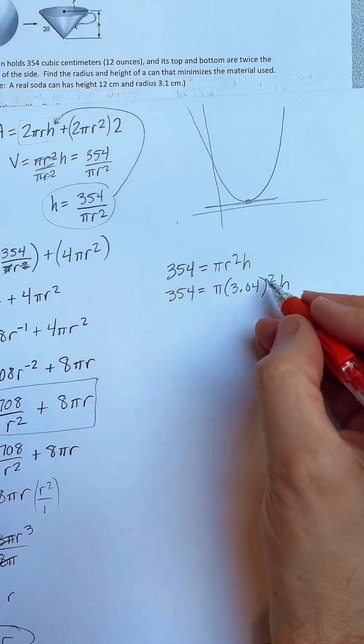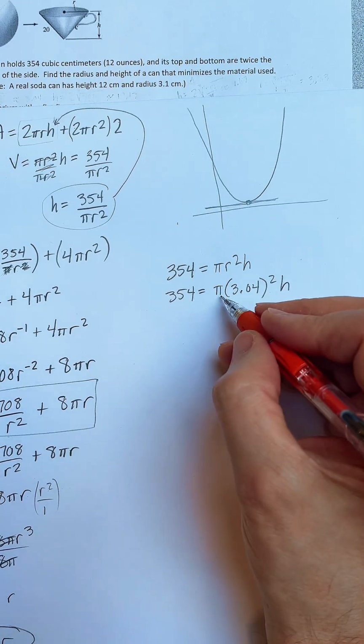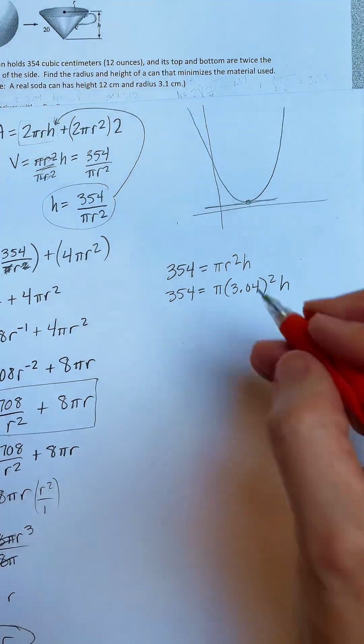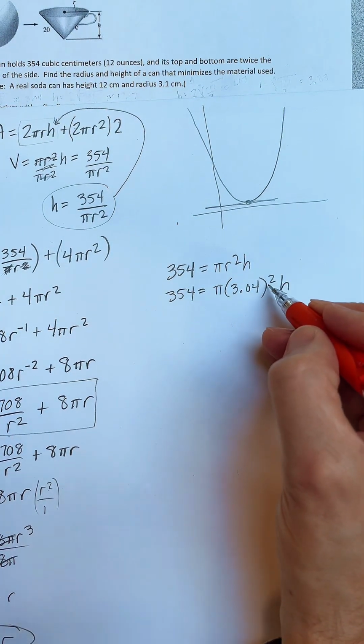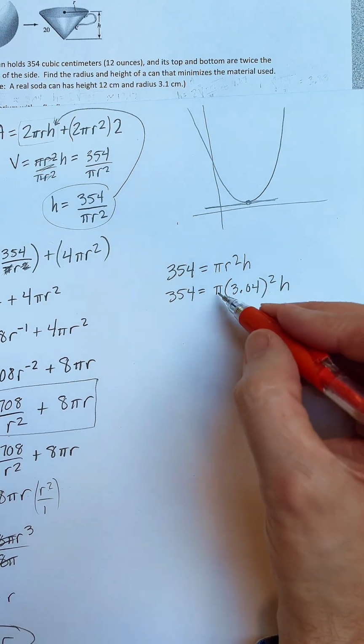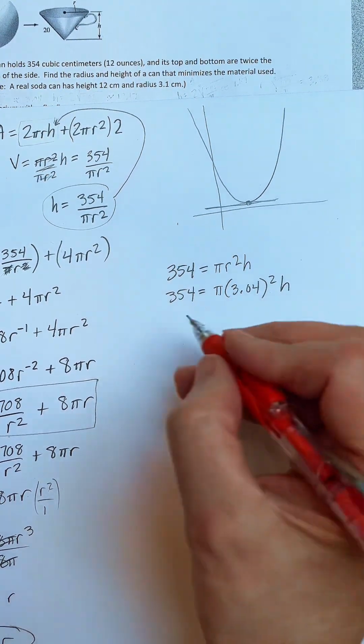If you do 3.04 squared and multiply it times pi, what do we end up with for that? I don't have access to my calculator right now, but 3.04 squared times pi. I guess I can move this.